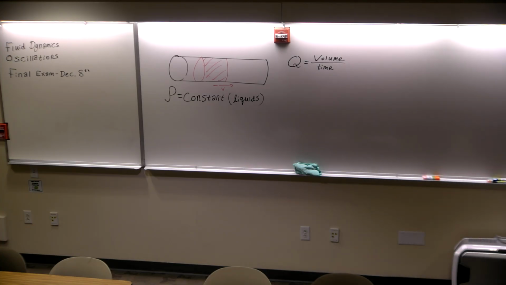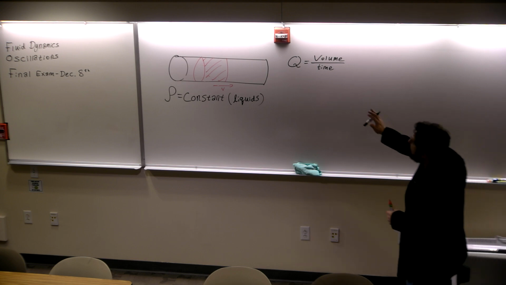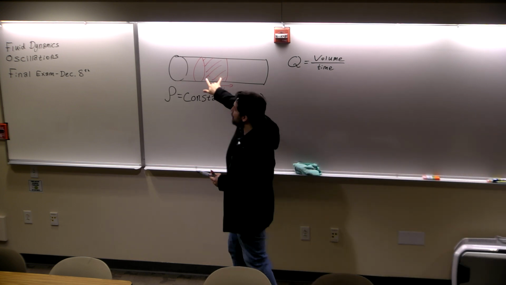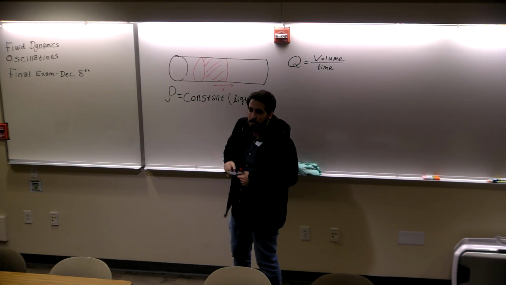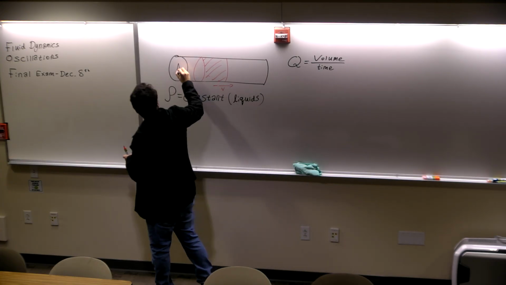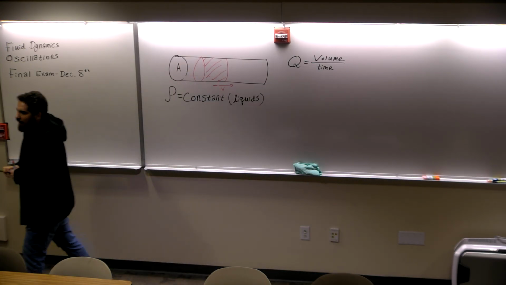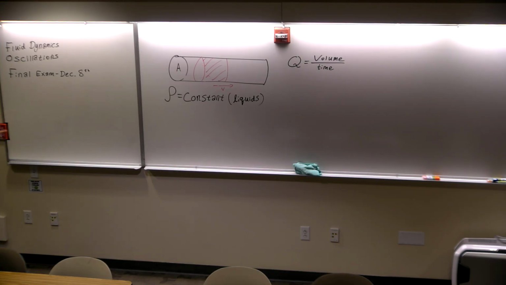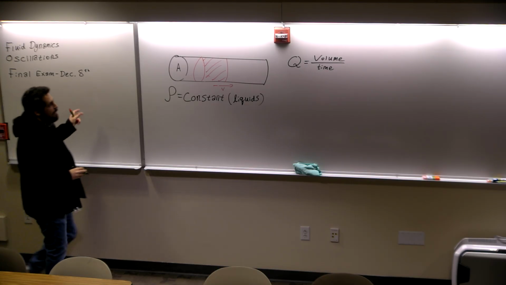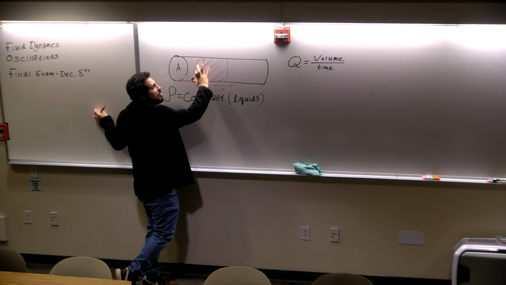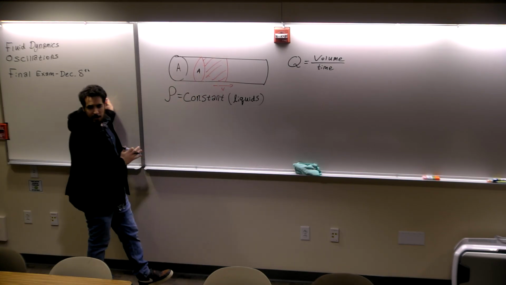All right, well, how do we figure this out? Well, we take a look at this volume of water. We say that this pipe has some area, A. I'm going to use the word water here, but it applies to any liquid, it's just that my brain automatically thinks of water. The area of this pipe is the same as the area of this section of fluid that we're looking at, right?